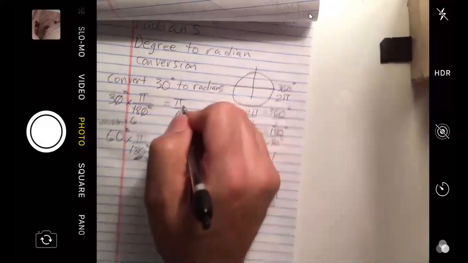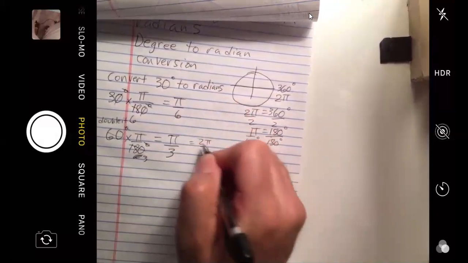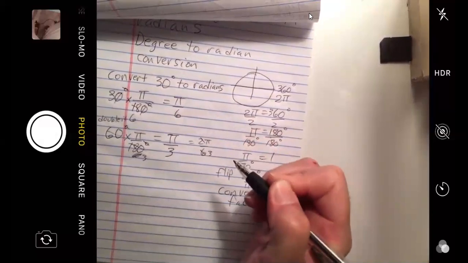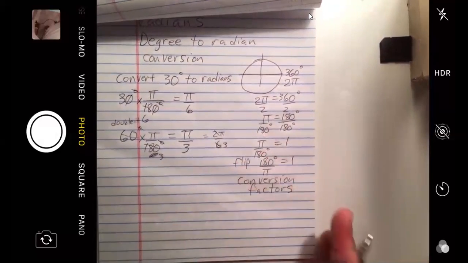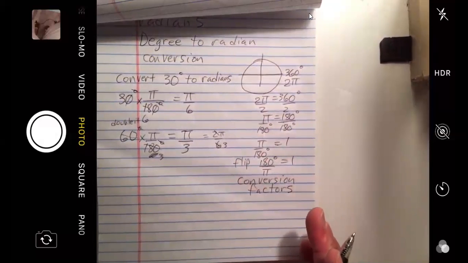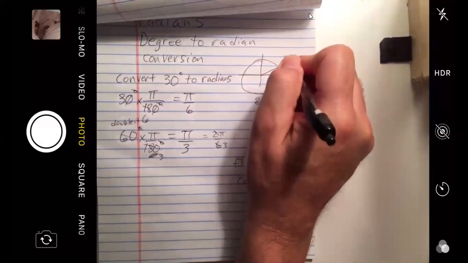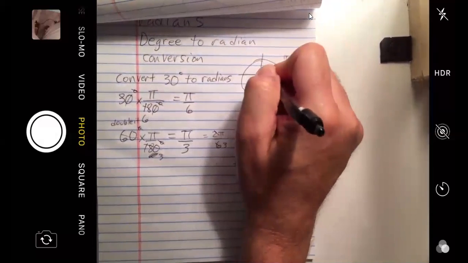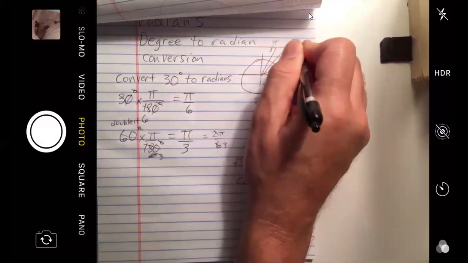Sure enough, that is twice pi over 6. Okay. In other words, the 30-degree equivalent, you're at pi over 6. 60 degrees, you're at pi over 3. And in the middle, you have pi over 4.